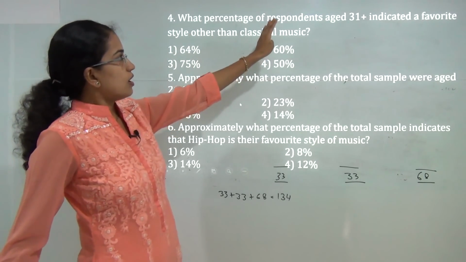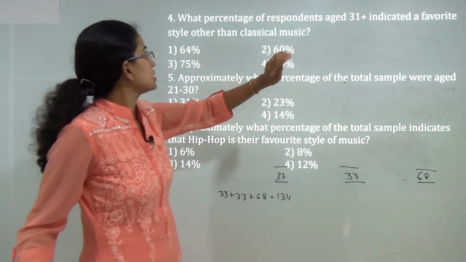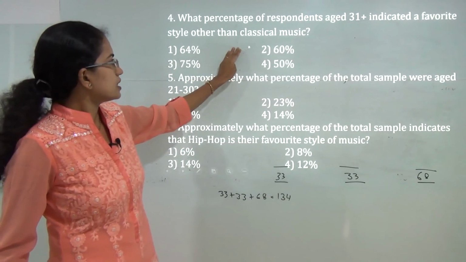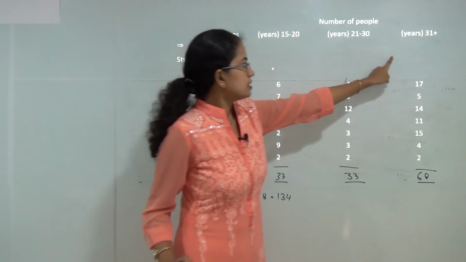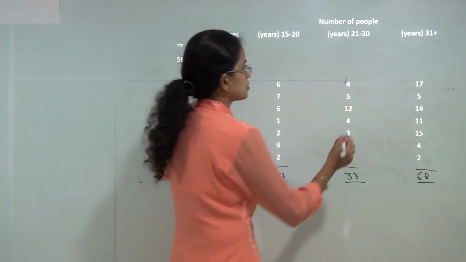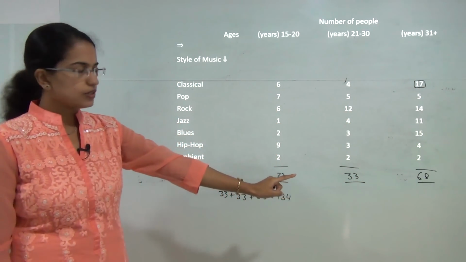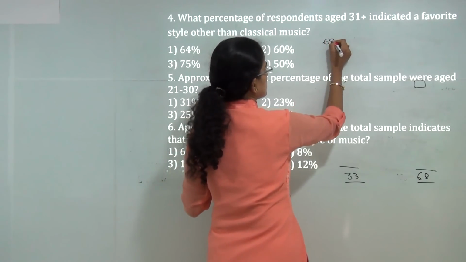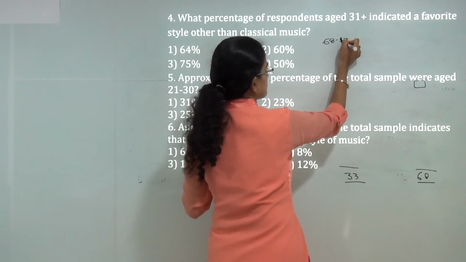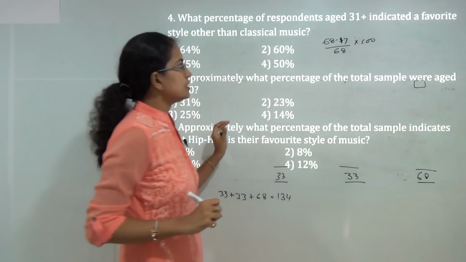What percentage of respondents aged 31 plus indicate a favorite style other than classical music? Now, 31 plus other than classical music. Classical music is 17 and the total is 68. So to solve this question, I will say 68 minus 17 divided by 68, as a percentage.